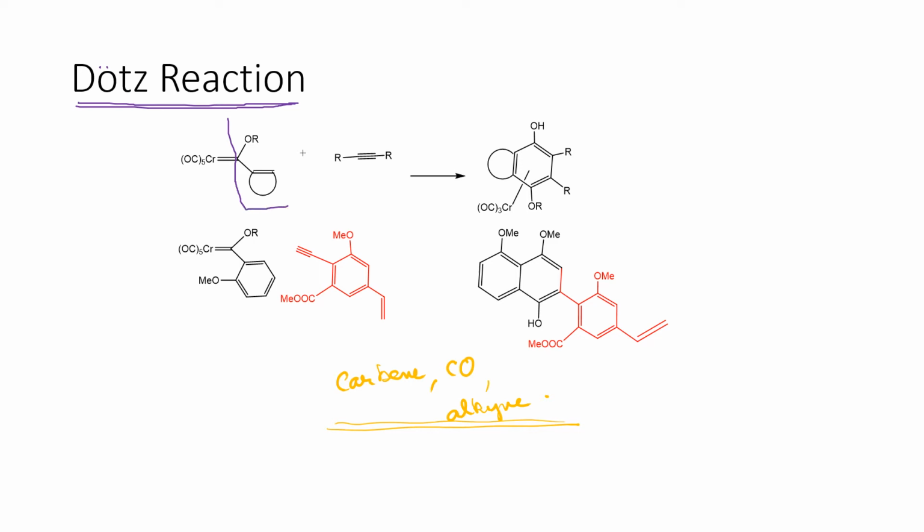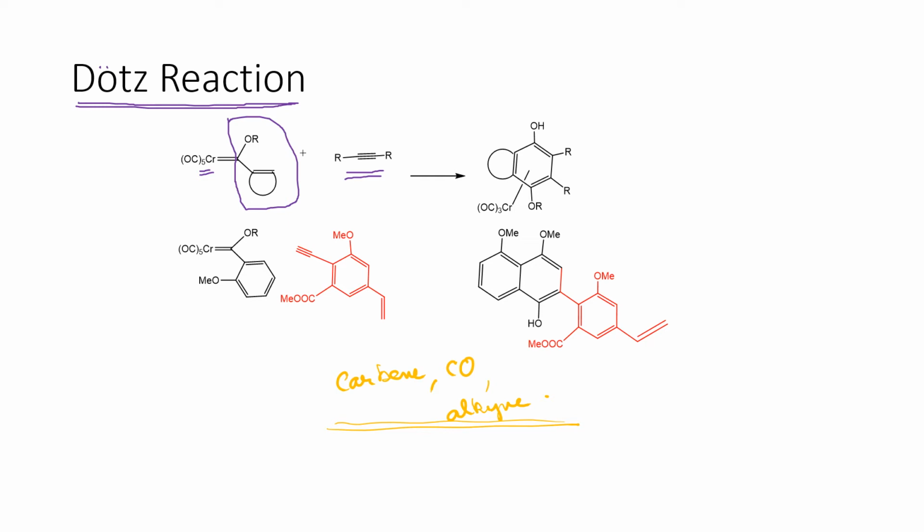So this is a carbene molecule, a carbene complex of chromium, reacting with an alkyne, and the carbene is a Fischer carbene, and so the Fischer carbene has got an aromatic ring system attached to it. For purposes of clarity, I'm going to replace the ring with only the single double bond attached to the carbene carbon.